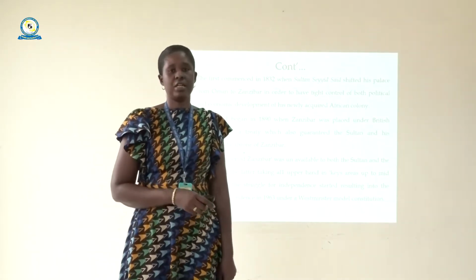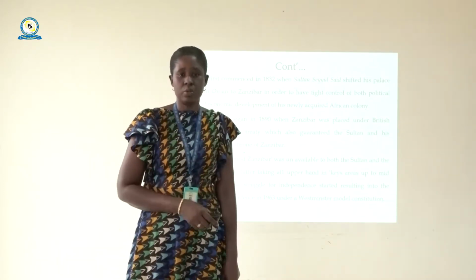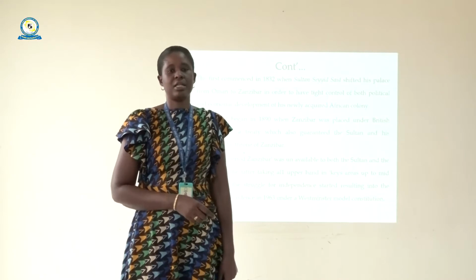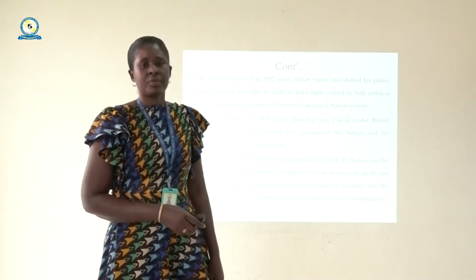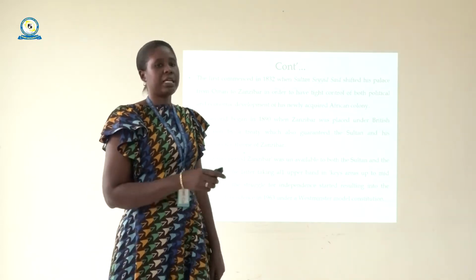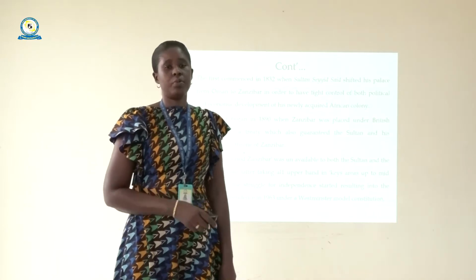We have 3 phases. The first phase is of 1832, whereby Sultan Said shifted his place from Oman to Zanzibar. He did so in order to get tight control of political and economic development.